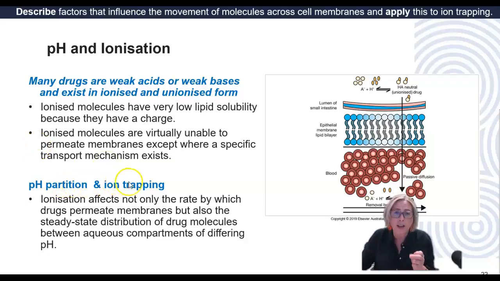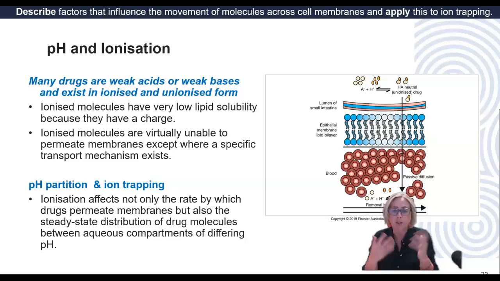pH partition then and ion trapping. Ionization affects not only the rate by which drugs permeate membranes, but also the steady state distribution of drug molecules between two, say, aqueous compartments of differing pH.